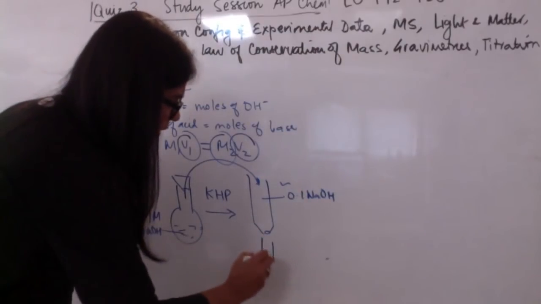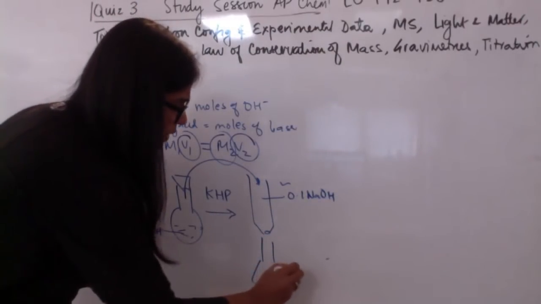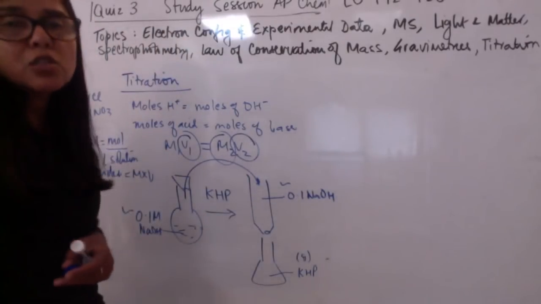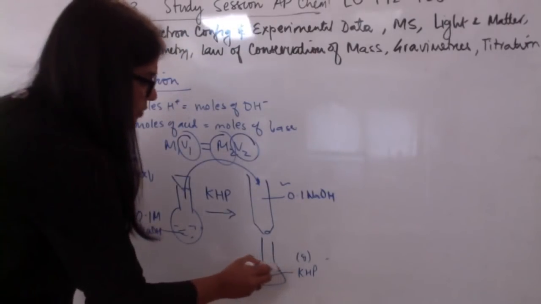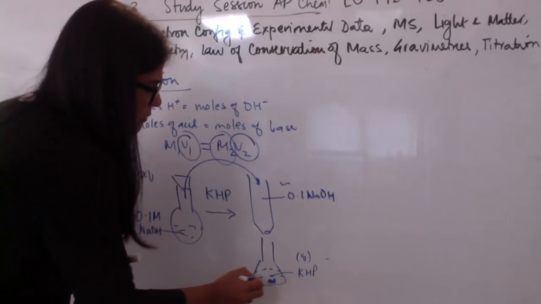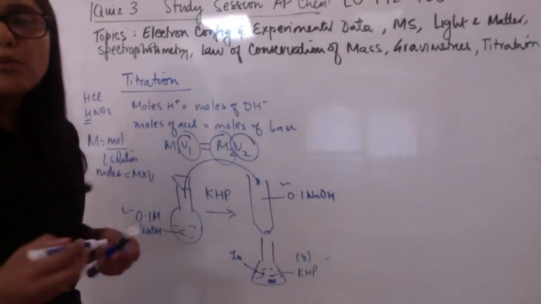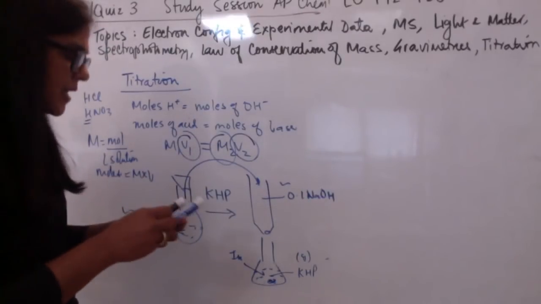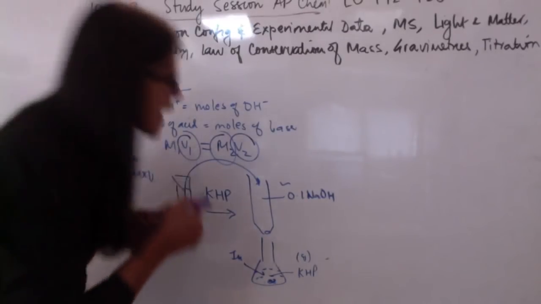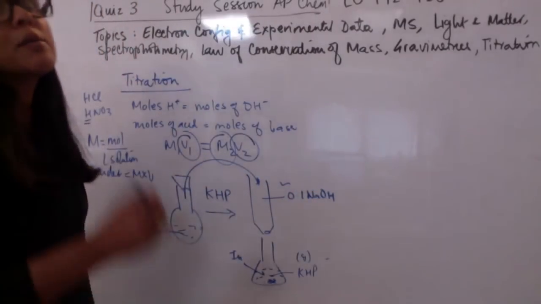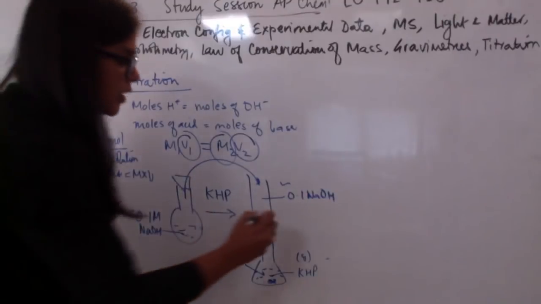Then we took an Erlenmeyer flask and put a weighed amount of KHP, potassium hydrogen phthalate, which is a solid acid, in there, dissolved that solid acid in some water, added indicator, and titrated it to the end point. The goal of this step was to know exactly what is the molarity of NaOH, because we couldn't be sure because of the hygroscopic nature of NaOH.